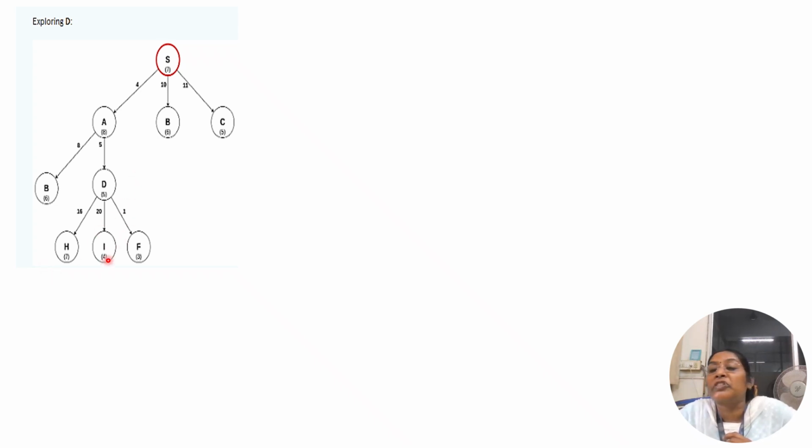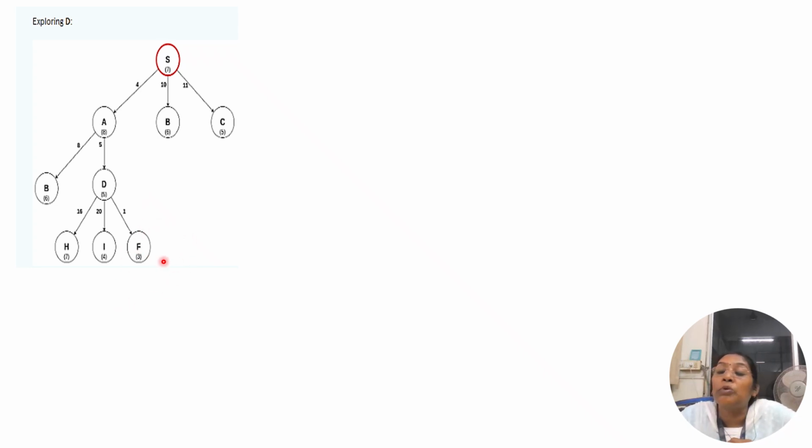Now next for reaching I, it is 4 plus 5, 9. 9 plus 20 is 29. And 29 plus 4 is 33. So it goes before H. Next to F, it is 4 plus 5, 9. 9 plus 1 is 10. 10 plus 3 is 13.